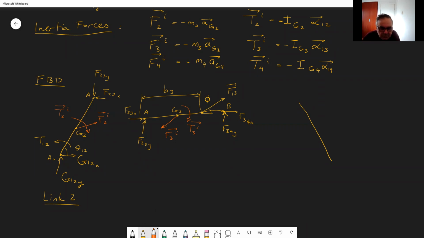And finally, the fourth one. This is again B, and this is O4. Well, coordinates in opposite direction. This has to be downwards because this is upwards.